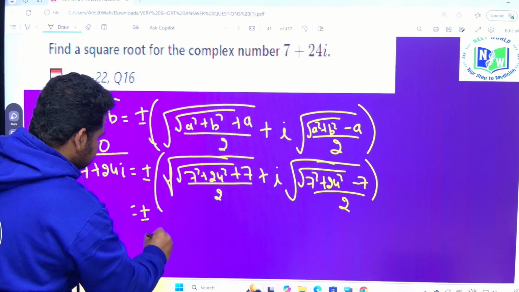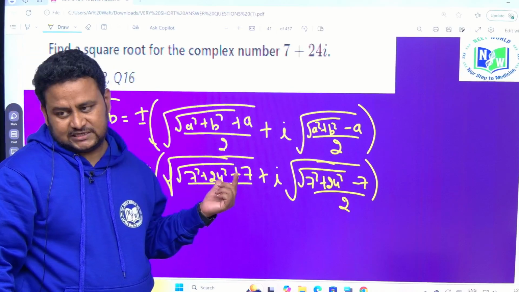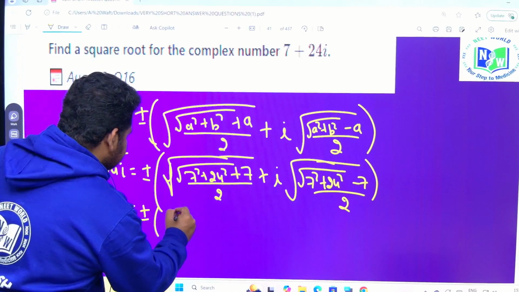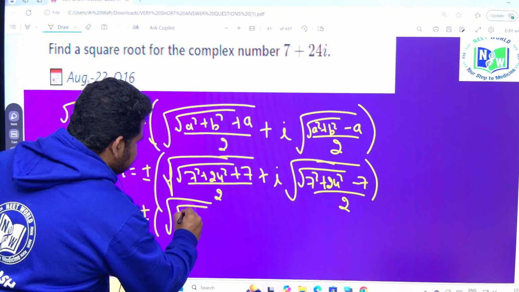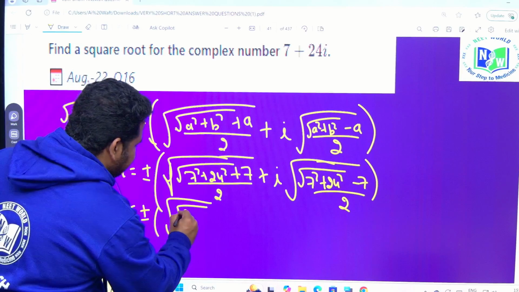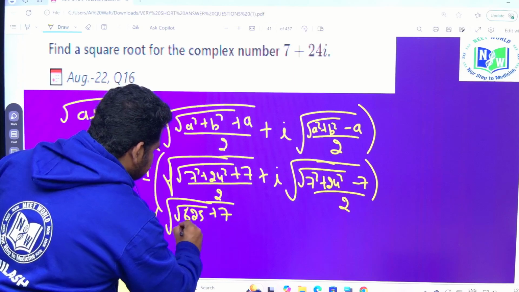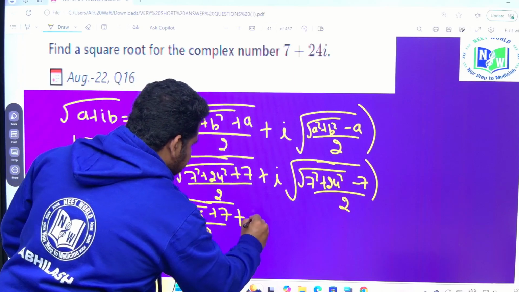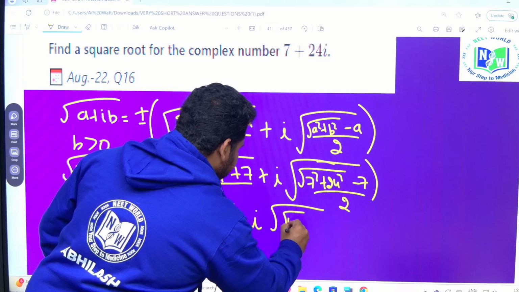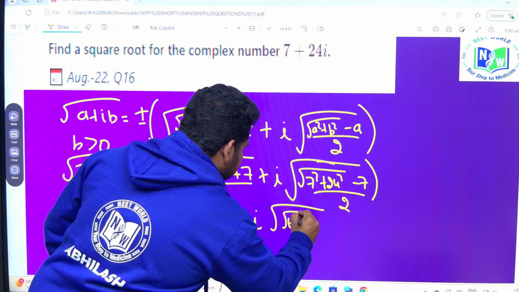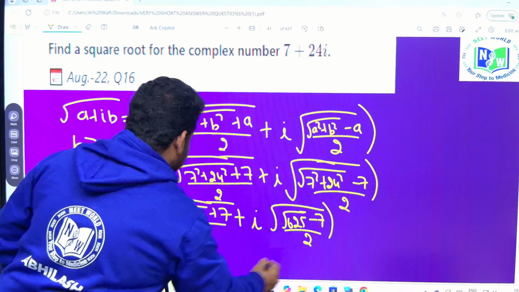Plus or minus square root of, 7 square is 49 and 24 square is 576. So, this will become square root of, again square root of 576 plus 49 is 625, plus 7 divided by 2, plus i into square root of, again the same number, square root of 625 minus 7 divided by 2, plus or minus is outside.